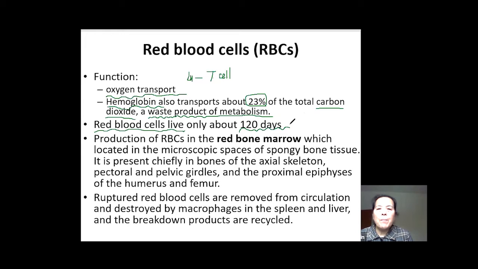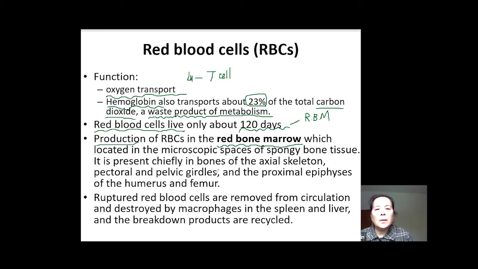Do you still remember where the red blood cell is produced? Red bone marrow. Red blood cells are produced in the red bone marrow.